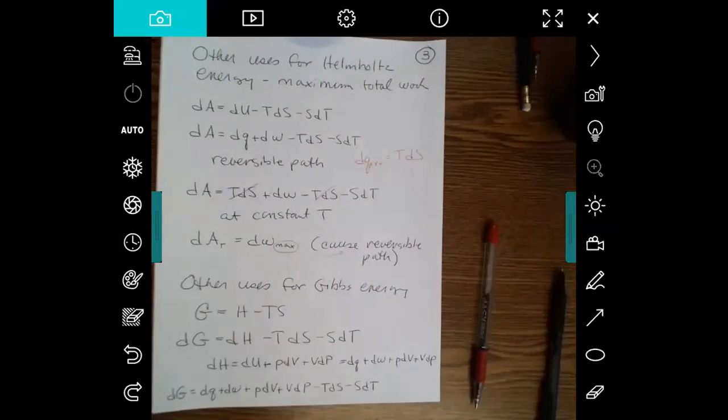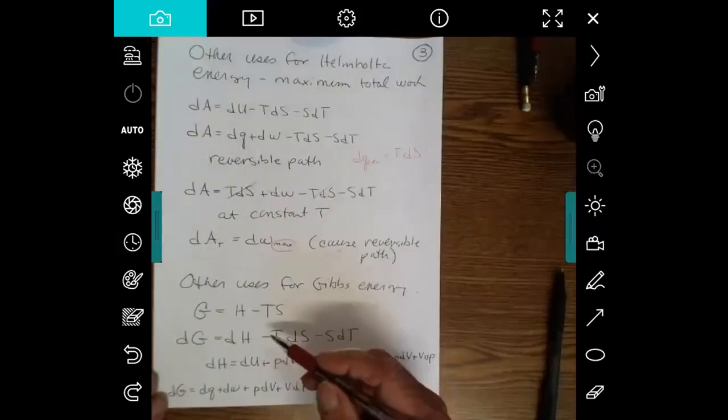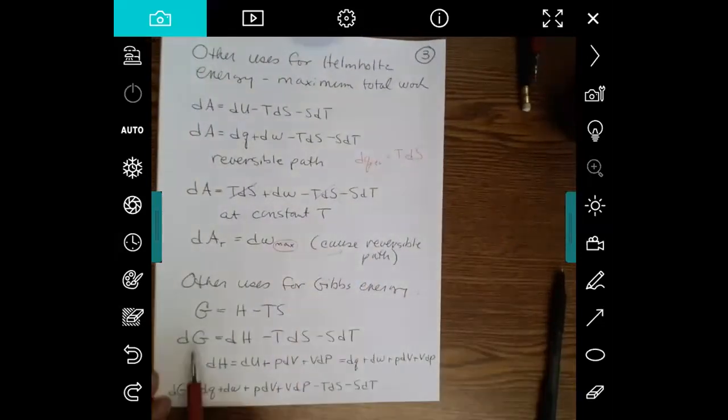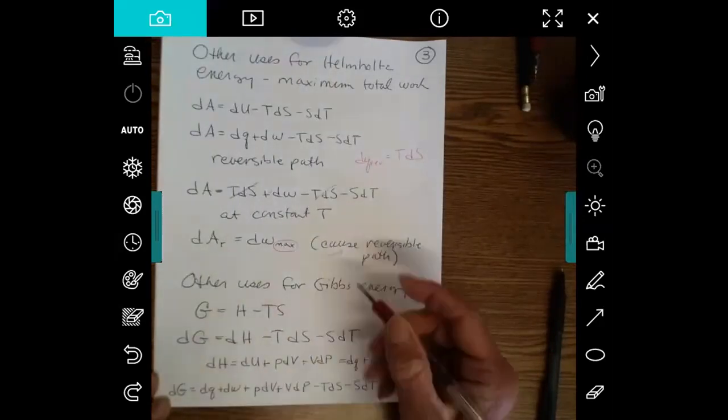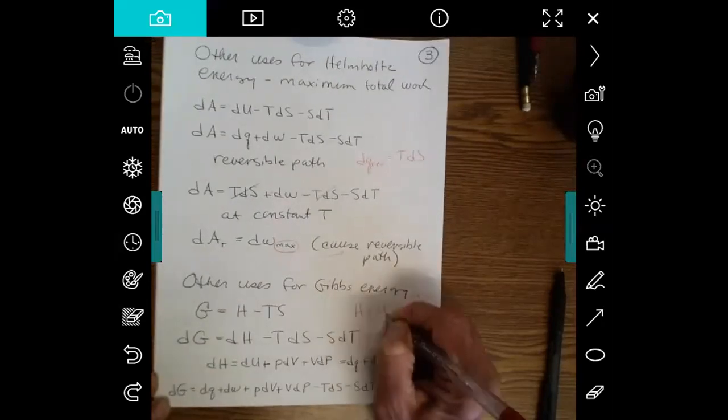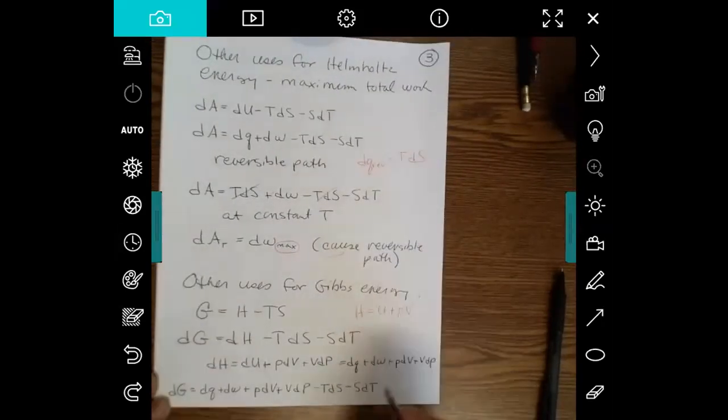The Gibbs energy also tells you about work, but we'll see just slightly different. So Gibbs energy equals enthalpy minus TS. So it equals dH minus TdS minus SdT. If I replace dH with dU plus PdV plus VdP, because H equals U plus PV, then I replace dU with dq plus dw.